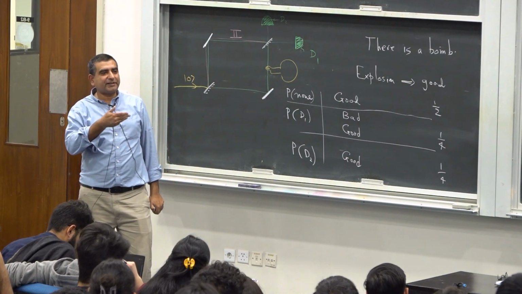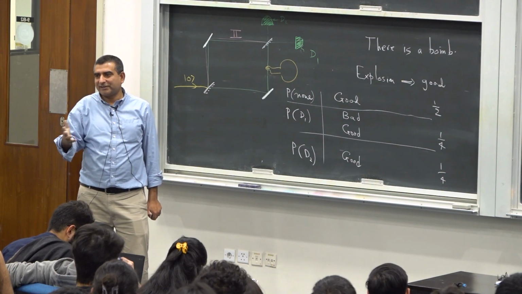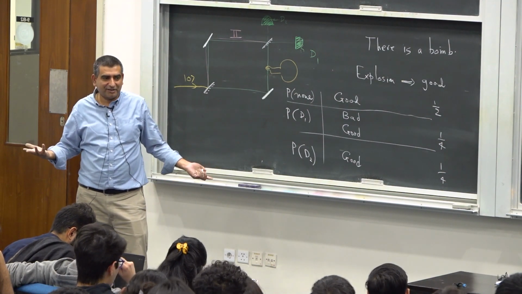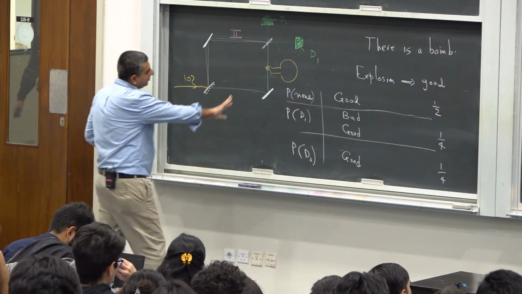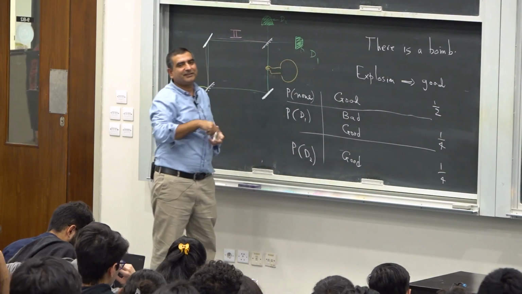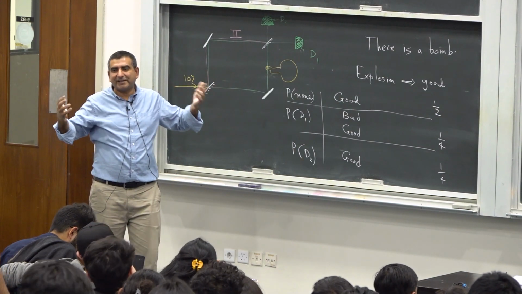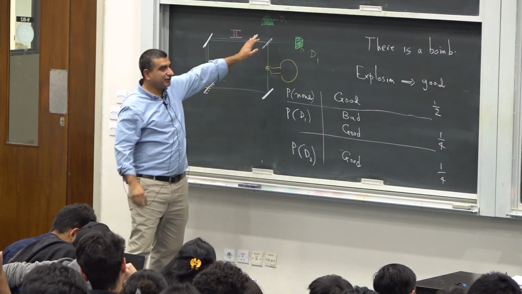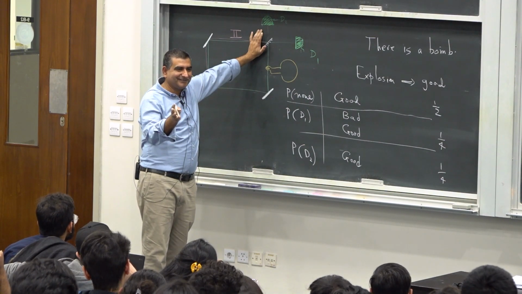So do we really need the detector D1 here? We can do away with it because it doesn't give you anything extra. So it's possible that I just remove this detector, and then I have two scenarios: detector D2 does not click, and detector D2 clicks.